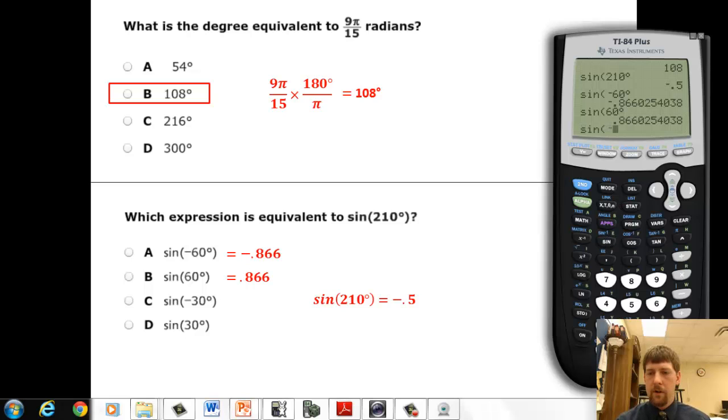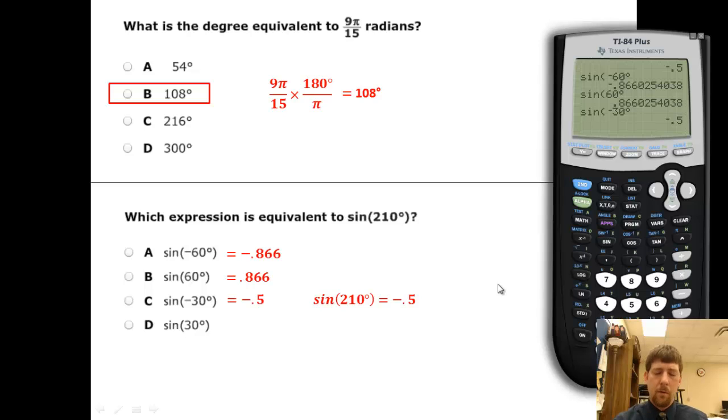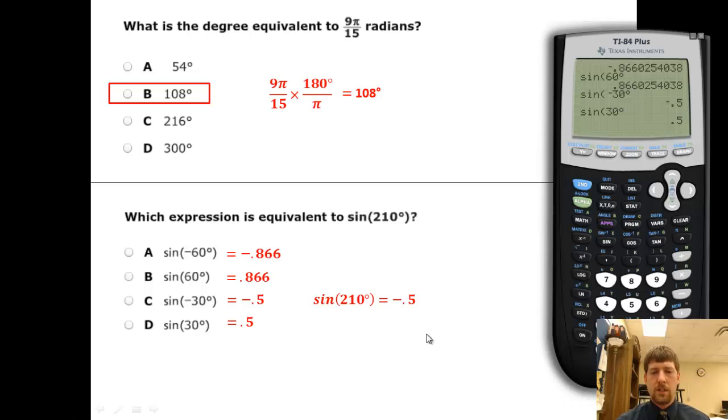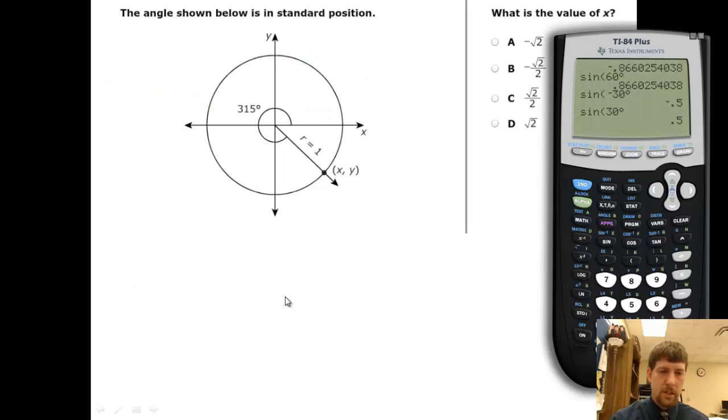Sine of negative 30 degrees, second angle, get the degree symbol, negative 0.5, which is actually what we want, but we'll check the last one just to make sure that there's not two of them that are equivalent. Sine of 30, second angle, degrees, and that's positive 0.5. So as we can see, sine of 210 degrees was negative 0.5. Sine of negative 30 degrees is also negative 0.5, so the answer is choice C.